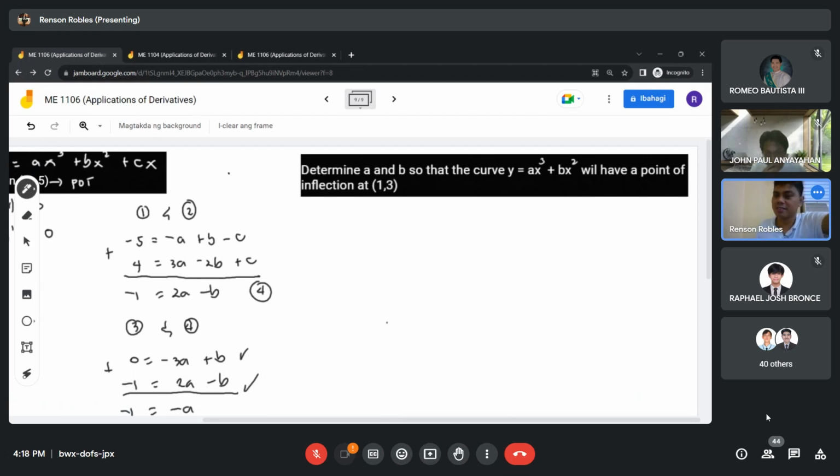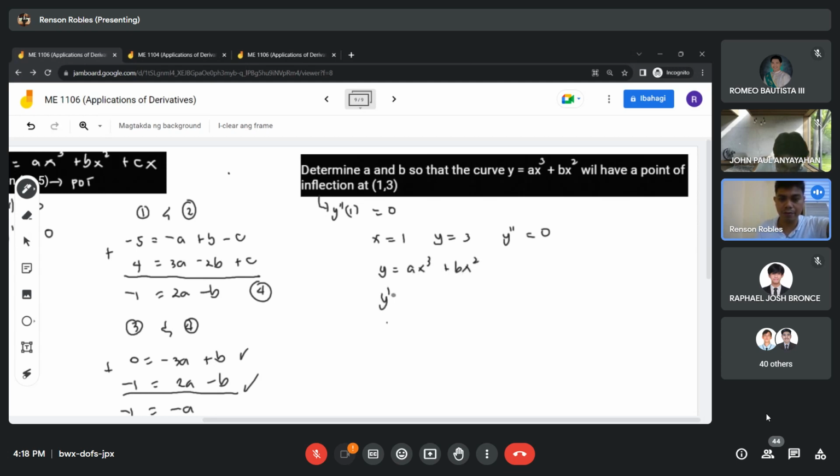Okay? So I have point of inflection, that's the second derivative, which is 0 whenever x is 1. Okay, so what are your points? When x is 1, y is 3, and y double prime is 0. And then you use this to make an equation. So you have y equals 3, that's ax cubed plus bx squared.